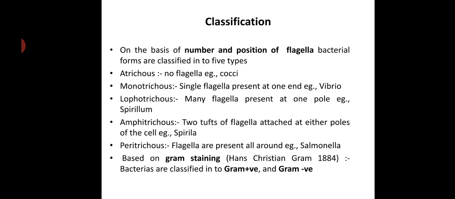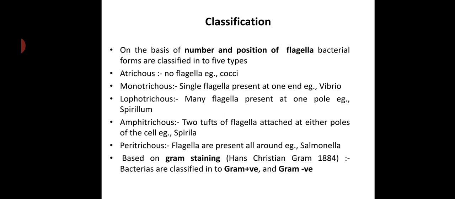In this group, two tufts of flagella are attached at either pole of the cell. Example, Spirilla. And the last one, Peritrichous, is the group in which the flagella are present all around the cell. Example, Salmonella typhimurium.